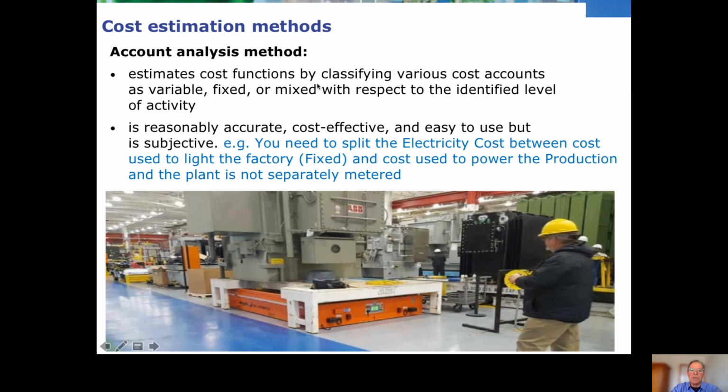So we could do some sort of analysis and break the total cost down between the fixed cost component and the variable cost component. That is the fixed cost component, lighting the factory, variable cost component, powering the machinery. So it's a method. It's pretty easy to use. There could be some errors creeping in and maybe a little bit of subjective judgment there based on what the machinery can actually achieve.